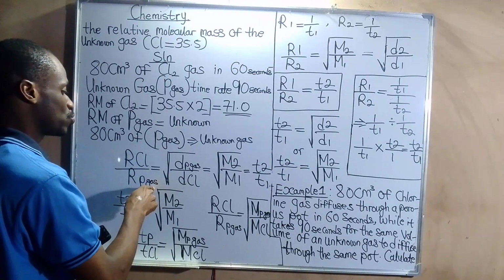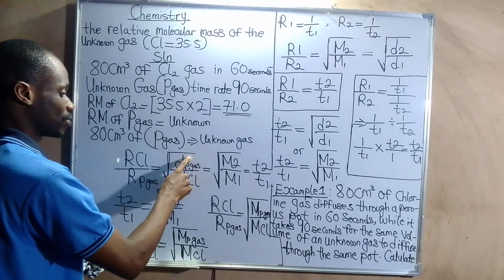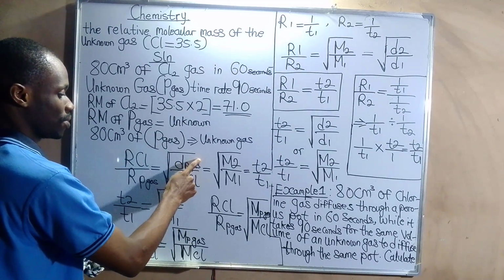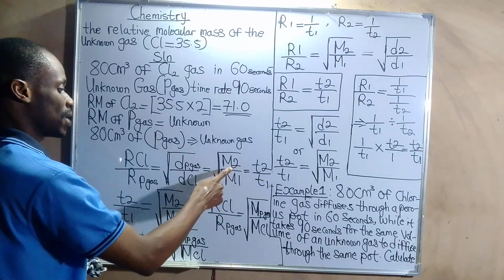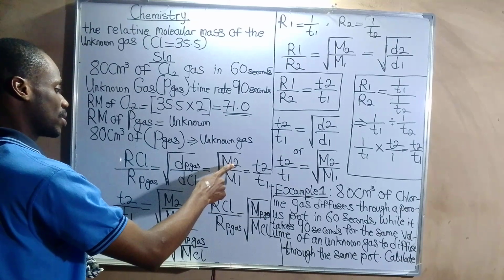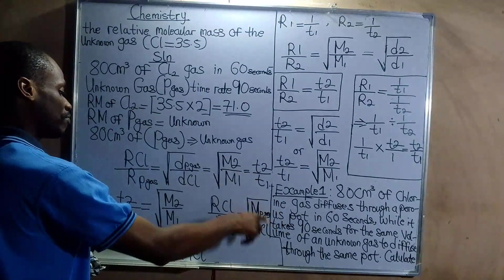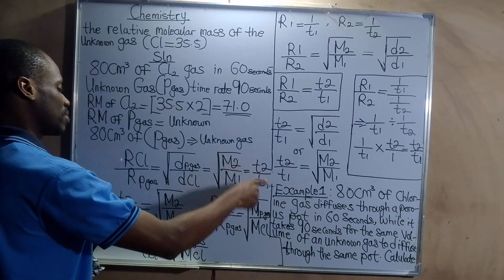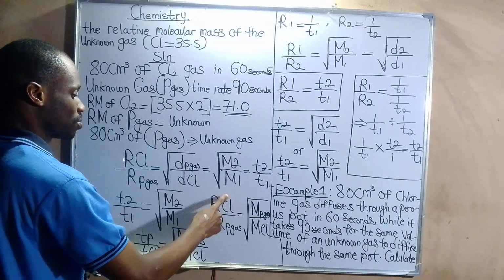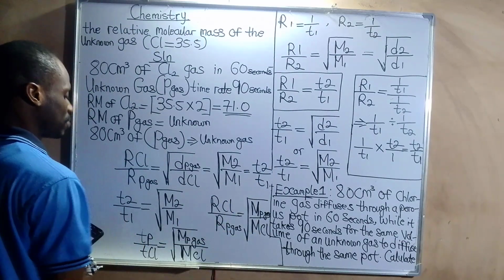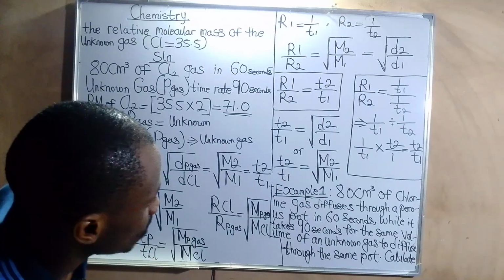So rate of P gas, diffusion of P gas. The rate of chlorine, diffusion of chlorine. Mass, now M2. If you're saying M2 now, your M2 should be the mass of P gas, that's the molecular mass of the unknown gas. The M1 should be the mass of what? Chlorine. Very good. So we'll wipe here off, then we'll start solving immediately.